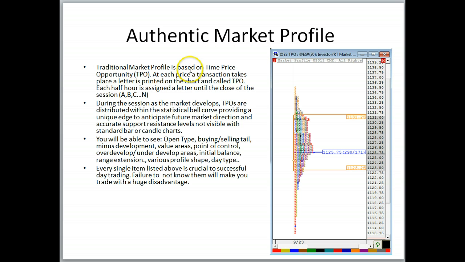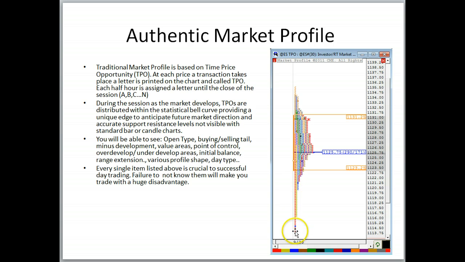Traditional market profile is based on time and price opportunity, which we call TPO. The TPOs are the letters that you see in the chart here, and each time there is a transaction at a price, a letter is printed on the chart, and as the market develops, it will populate the bell curve.